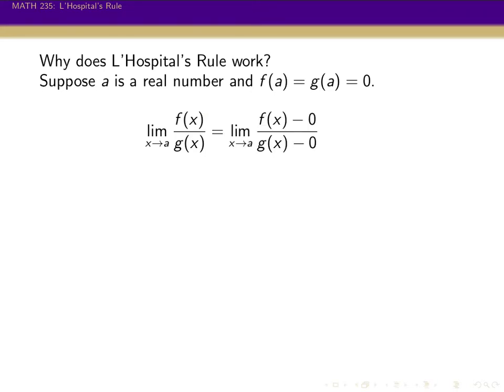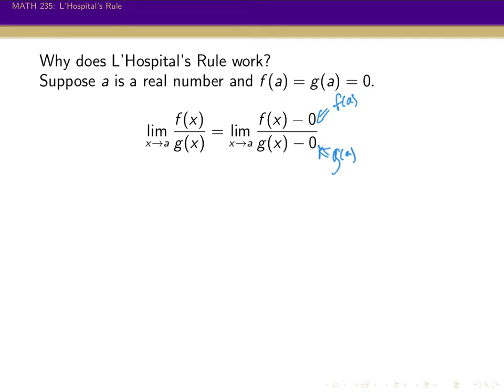And so I can subtract 0 off from the top and the bottom, and that's not changing anything. But this 0 is meaningful here because that 0 I can really think of as being f of a, and that 0 I can really think about as being g of a. Okay, and so I can think about this as the limit as x goes to a of f of x minus f of a divided by g of x minus g of a.